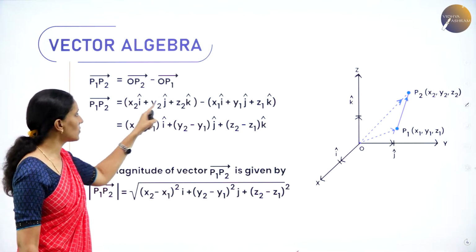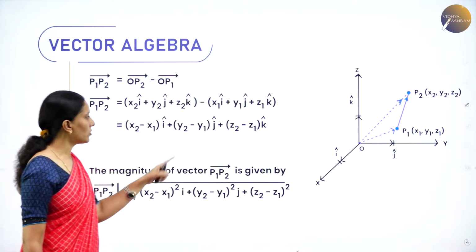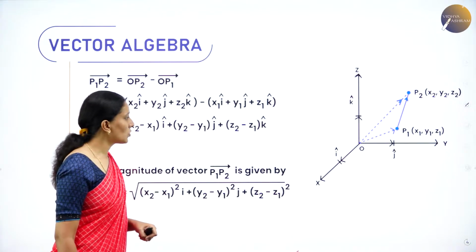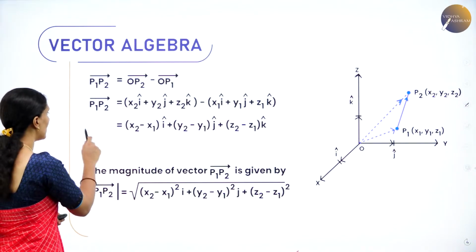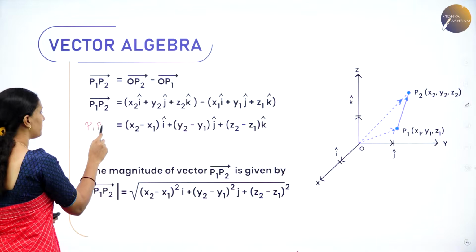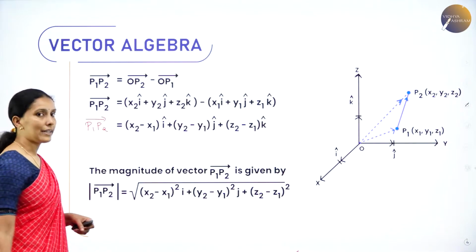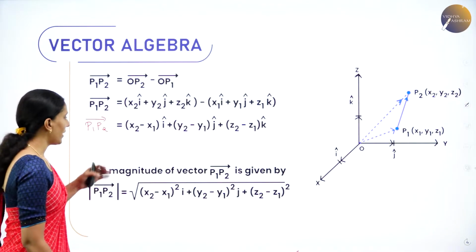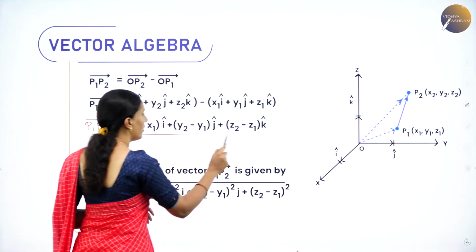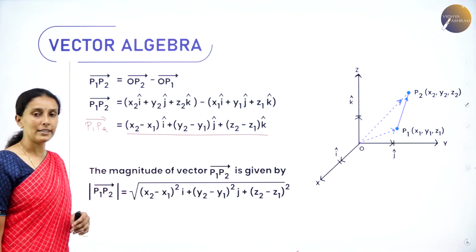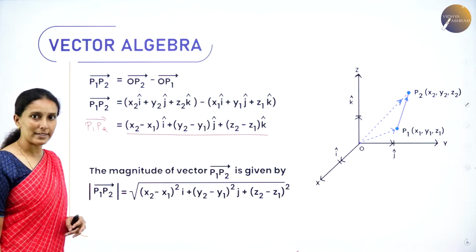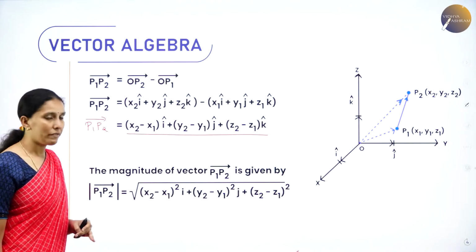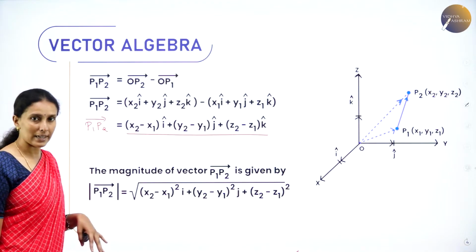Therefore here this is (x2 minus x1)i, (y2 minus y1)j, (z2 minus z1)k. So this is the position vector of a vector joining 2 points. So whenever the vectors are given, you have to write the vectors in this form, that is (x2 minus x1)i, (y2 minus y1)j plus (z2 minus z1)k.